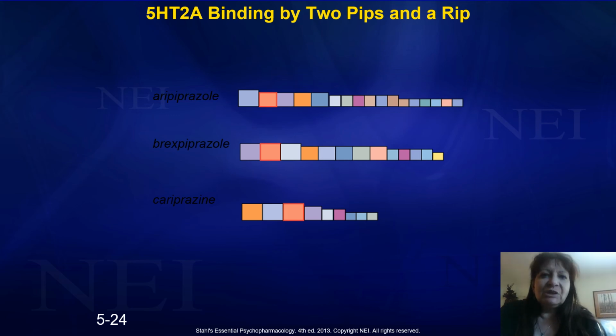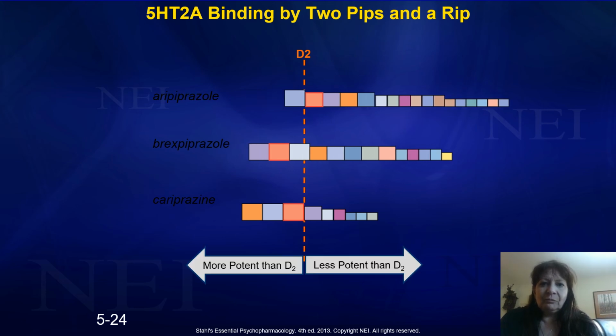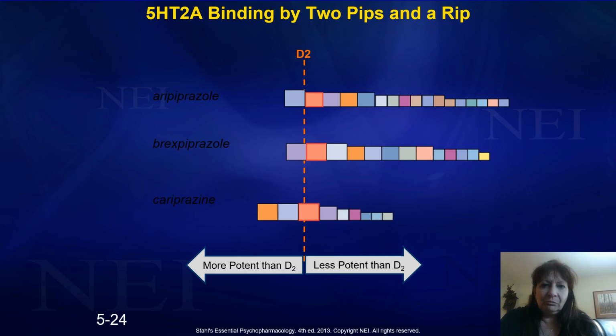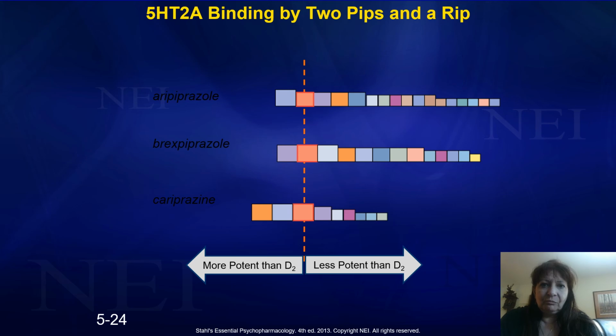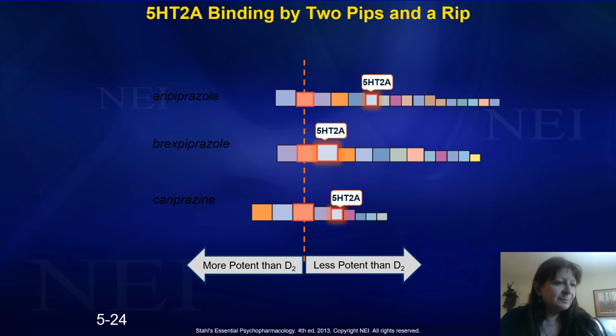And the 5-HT2A binding by the two -pips and a -rip. Okay. There's the vertical line showing you D2. And in this case, the D2 binding is stronger than the 5-HT2A binding.